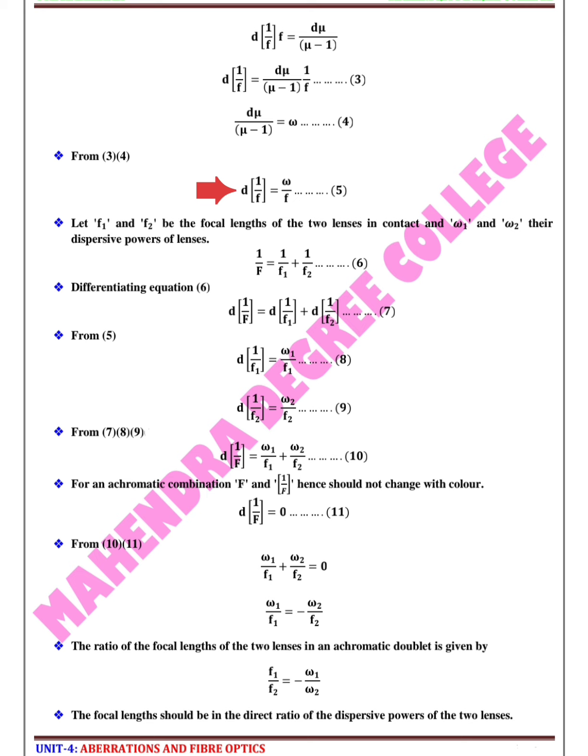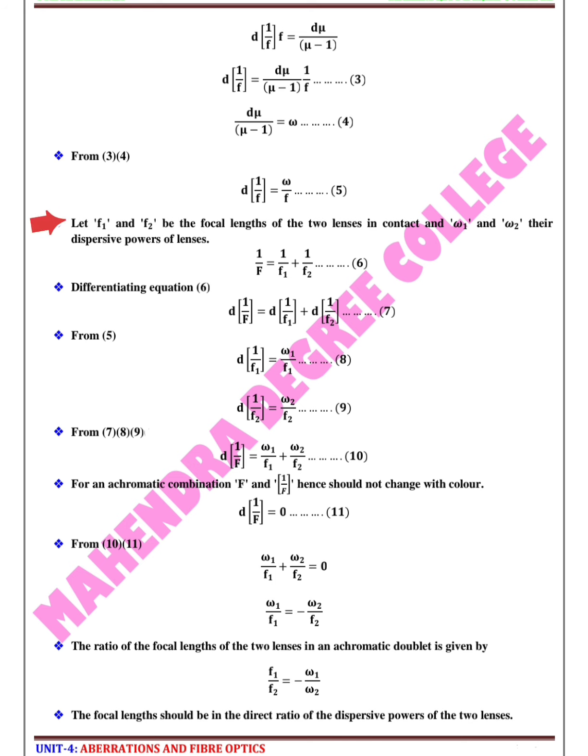Finally, differential of 1 by f equals omega by f. This is equation number 5. This equation shows how the change in the reciprocal of focal length relates to dispersive power and focal length.